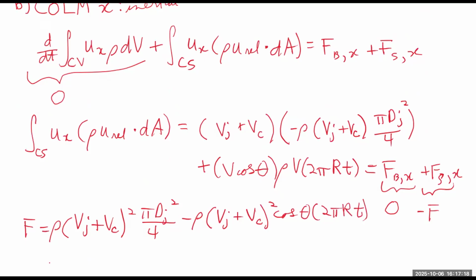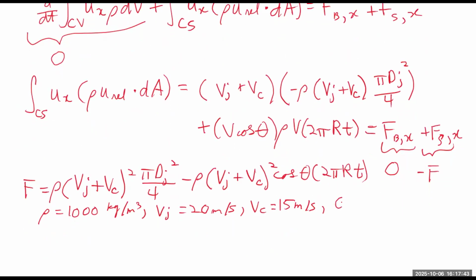And plugging in known values, rho is equal to 1000 kilograms per meter cubed, Vj is equal to 20 meters per second, Vc is equal to 15 meters per second, and theta is equal to 60 degrees. We find that F is equal to 3080 newtons.